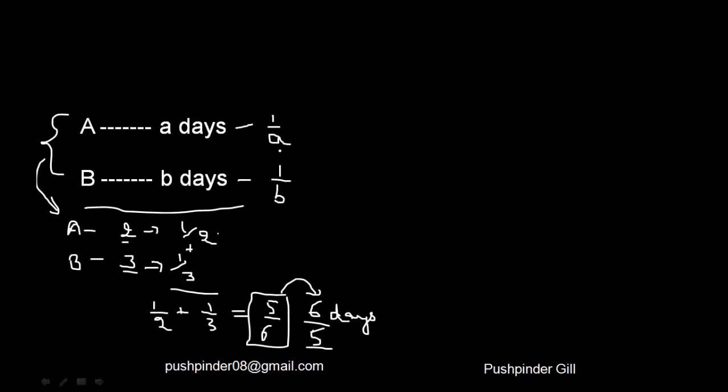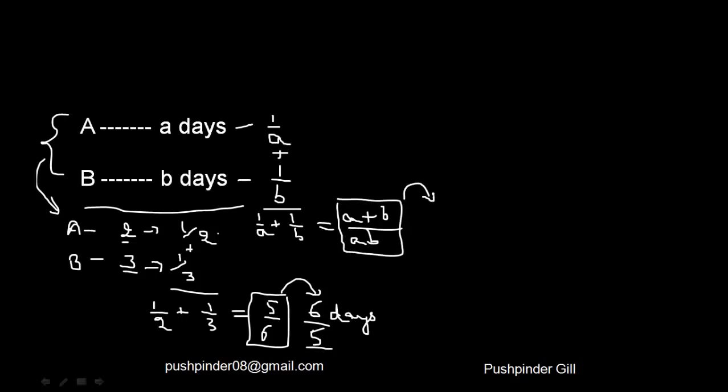So together they will be doing 1/A plus 1/B of the work every day, which is equal to (A plus B) upon AB. So this is equal to the work done by them in a single day.